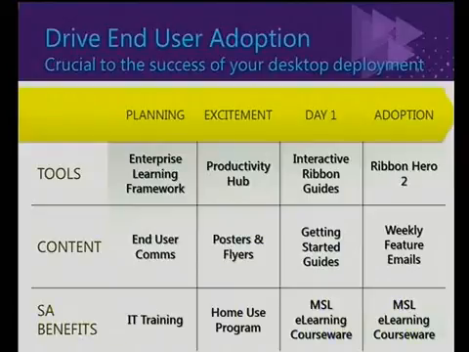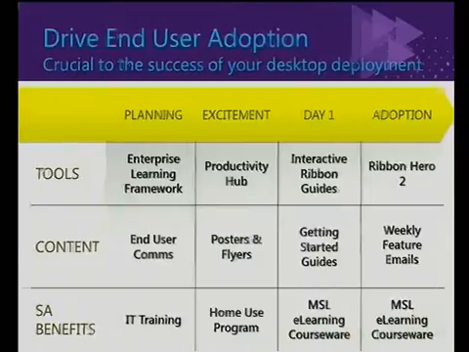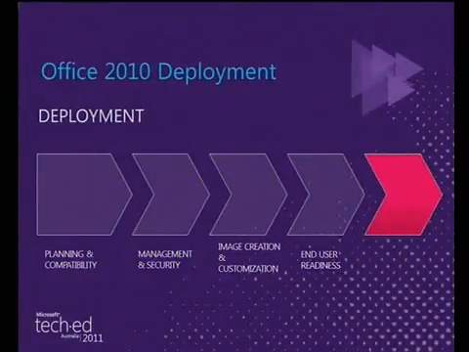You can customize things like Ribbon Hero to deploy. But there are a lot of tools out there to handle end user readiness. So make sure you do have a change management plan in place when you go to do your deployment. If you want to know more about Office end user readiness, if you didn't catch Alistair and Paul's session yesterday, then you should go and download that off Channel 9. That was OFS 305.